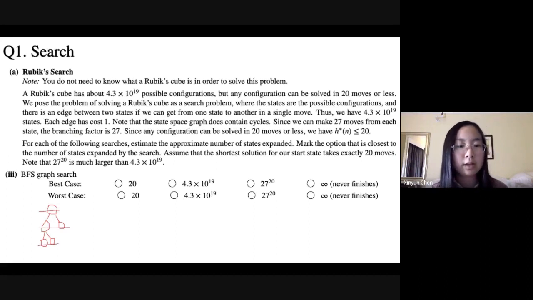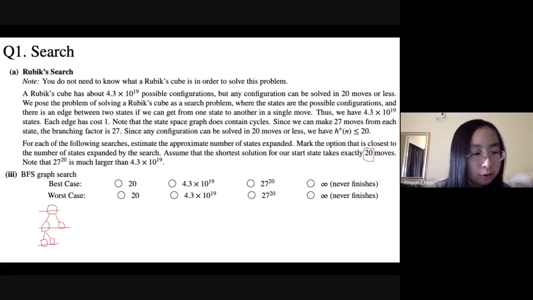In this case, it means that even if the optimal solution is 20, it will always explore all the other options in the previous levels before the search could explore any node in the current level. And here we do a graph search, so the result will be no worse than the number of states.